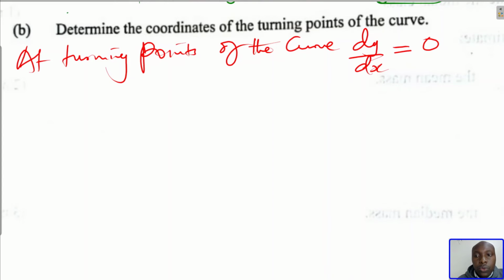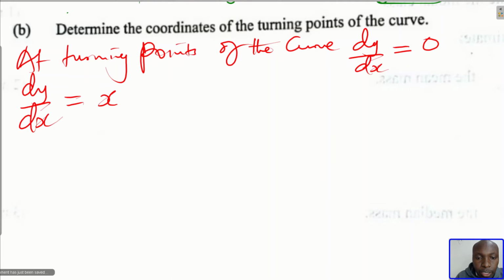So we need to obtain the gradient function, since we had already differentiated the curve to get the gradient function, and at the turning point the gradient function is 0. So we already got the gradient function as x squared subtract x subtract 2. So at the turning point, this is supposed to be equated to 0.